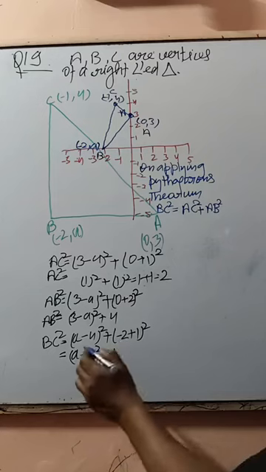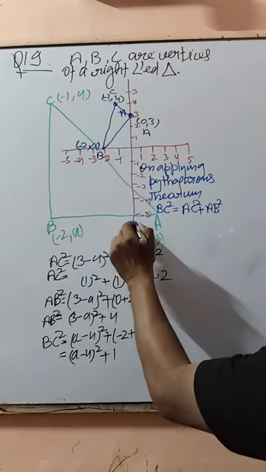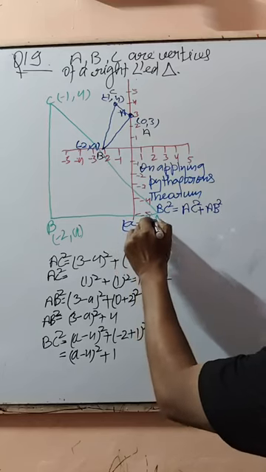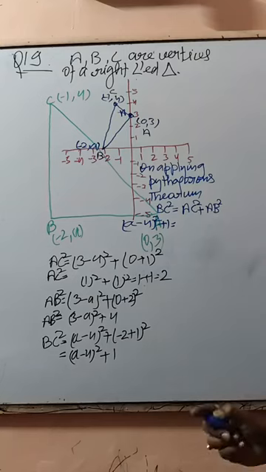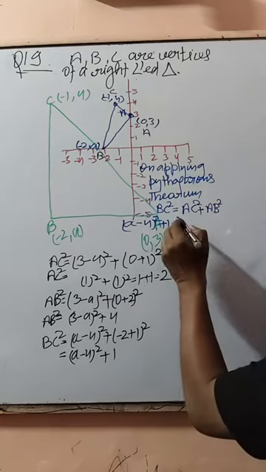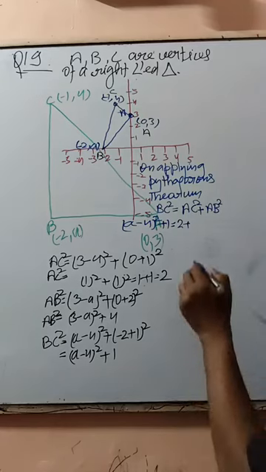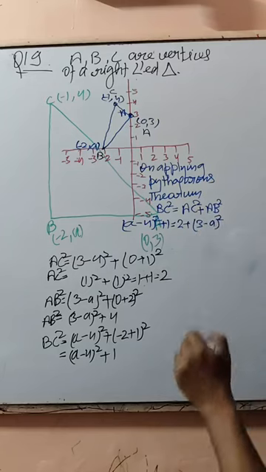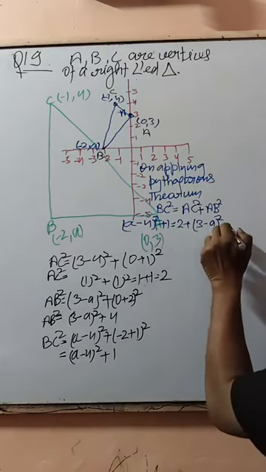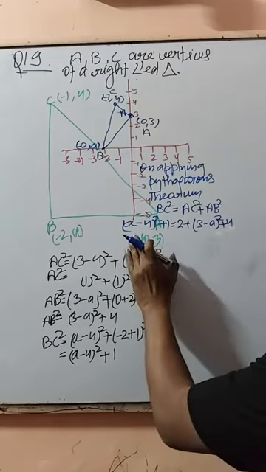What is BC square? That is a minus 4 whole square plus 1, equal to AC square, which is 2, plus AB square, which is 3 minus a whole square plus 4. Getting? Yes. Okay.